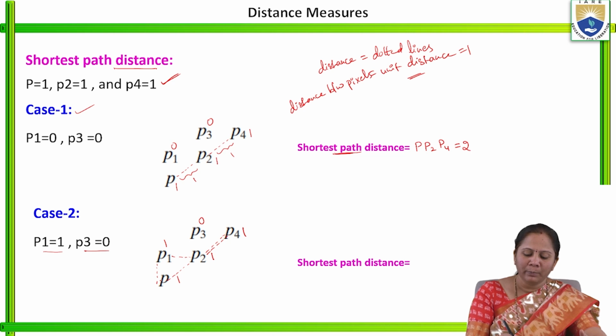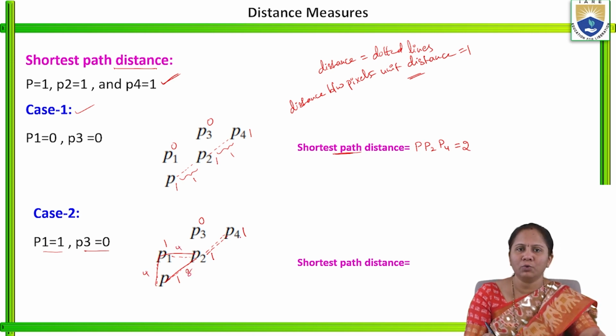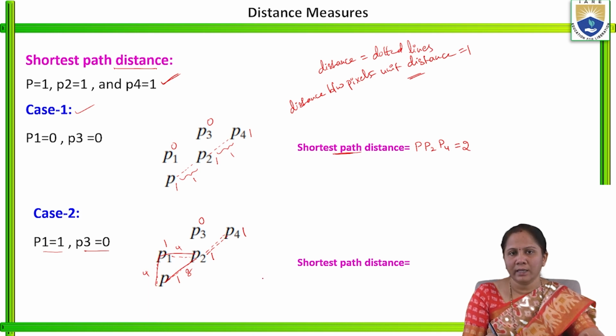So here P to P1 is 4 adjacent, P1 to P2 is 4 adjacent, and P2 to P4 is 8 adjacent. This is one combination. And another combination is P to P2, which is 8 adjacent, and P2 to P4, which is 8 adjacent. So here two paths are available. This is one path and this is another path. This is 4 adjacent and this is 8 adjacent. P to P4 there is no way, so we have to consider it as a single way.